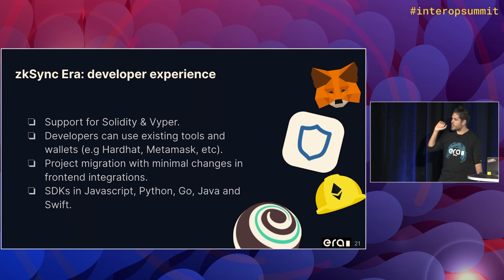So for example, our JavaScript SDK was built on top of Ethers, and we are just adding specific functionality for zkSync. If you want to create a contract instance with the JavaScript SDK, you will use the contract address, the ABI, and a signer or a provider. So everything is pretty similar. The Python SDK is built on top of web3.py as well. So for developers, everything is super easy.